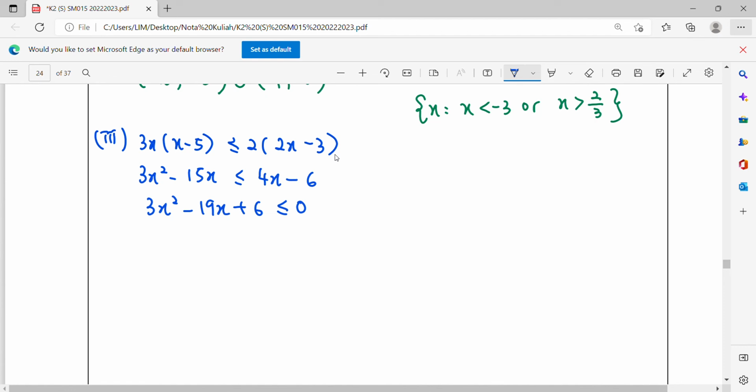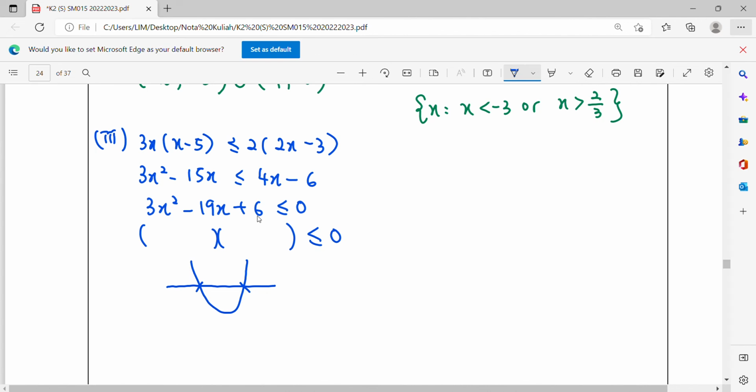So you get 3x squared. This is a positive quadratic, correct? And you can see the coefficients 3, 19, 6 are already the simplest value. Cannot divide anything. So this quadratic is ready to factorize. And then we can graph our quadratic. What's your value of x here?